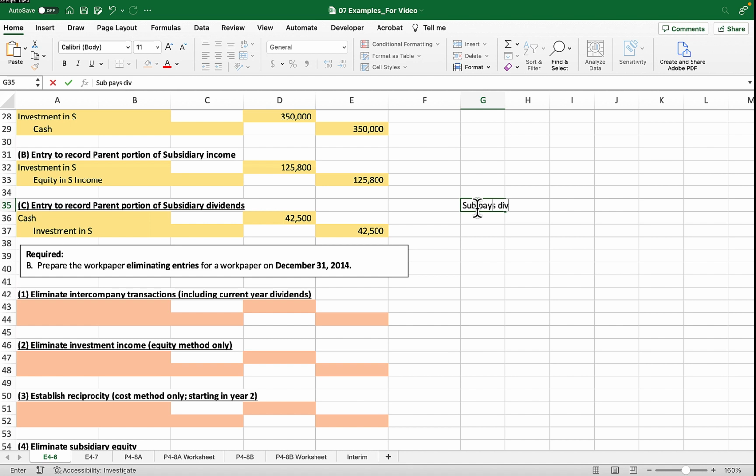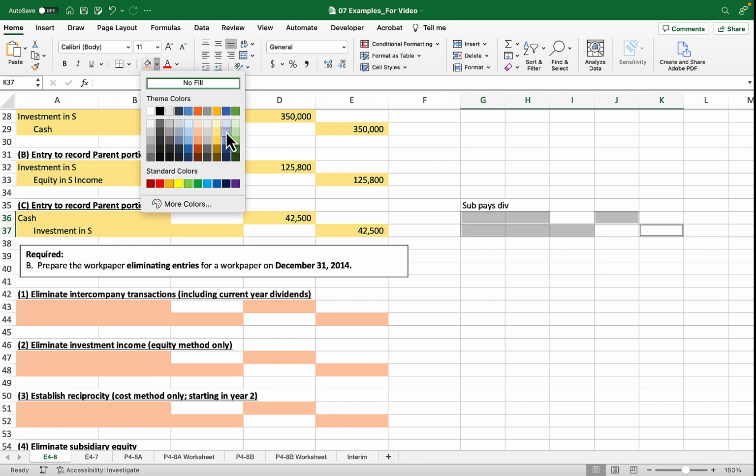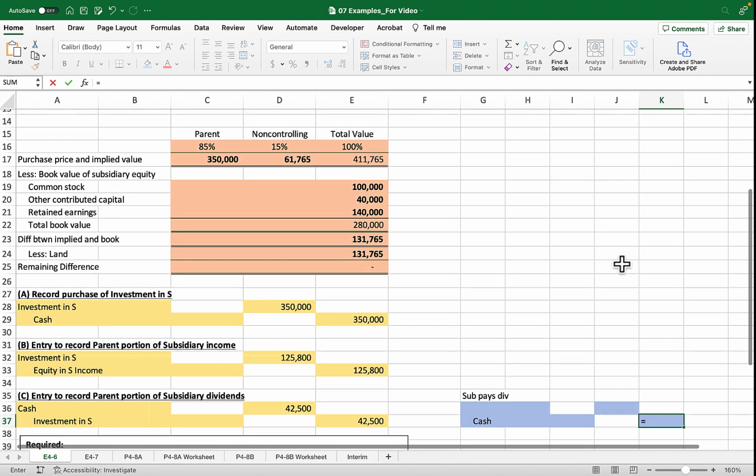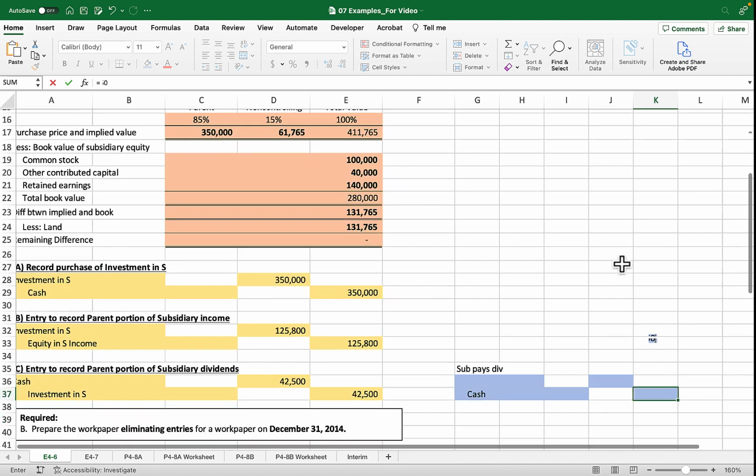When the subsidiary paid their dividends, they're giving up cash, and they are giving up that whole amount of cash, which is, let me check again, $50,000.